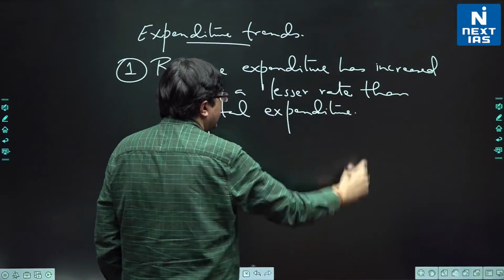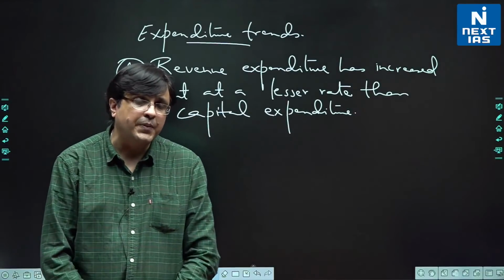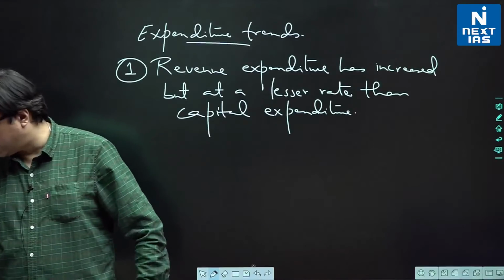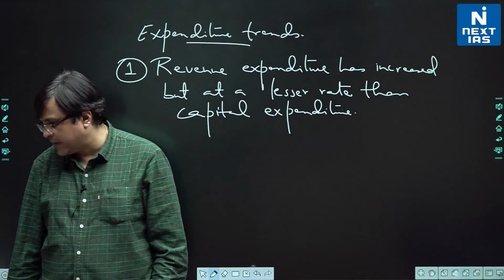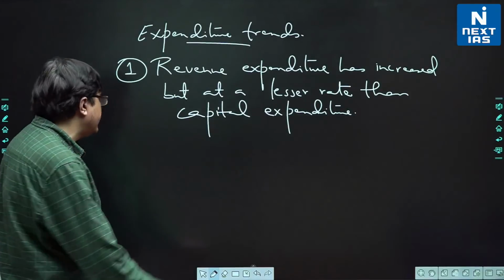Capital expenditure has increased at a more significant rate. So both revenue expenditure and capital expenditure have gone up, but capital expenditure has increased at a much faster rate than revenue expenditure.